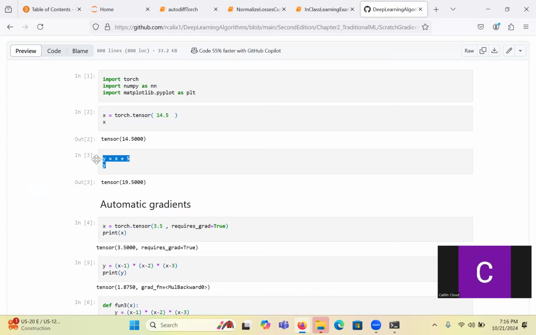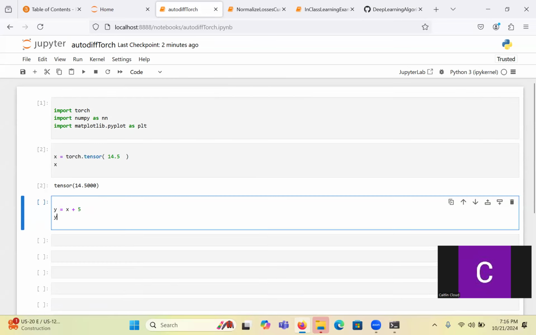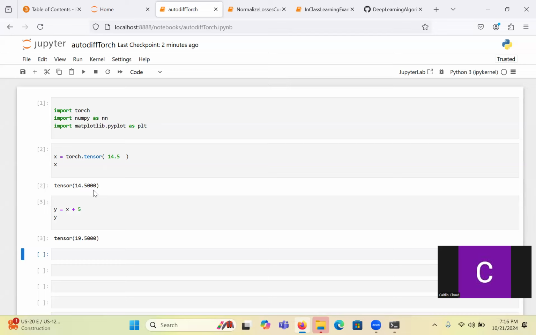So now what I'm doing here is I'm creating a function. Notice it's a simple function. Y equals X plus 5, right? So I'm going to take that X, which is 14.5, add 5 to it, and it's 19.5. This is the same thing as creating Y equals WX plus B, and even the GPT, right?